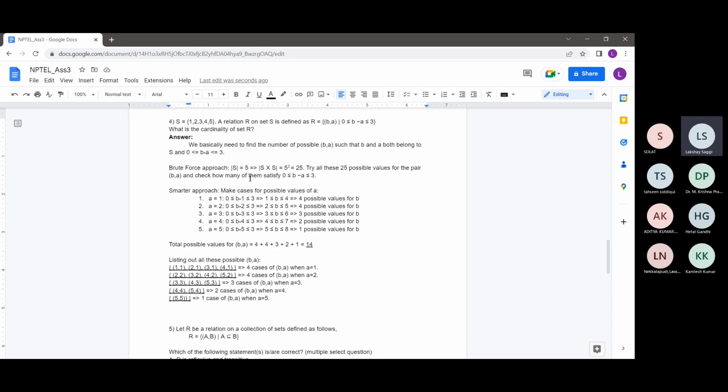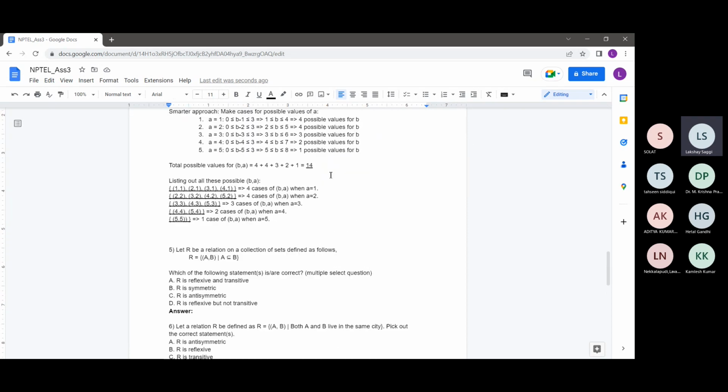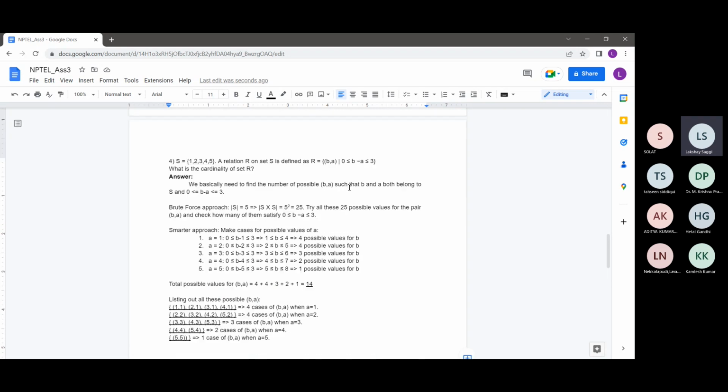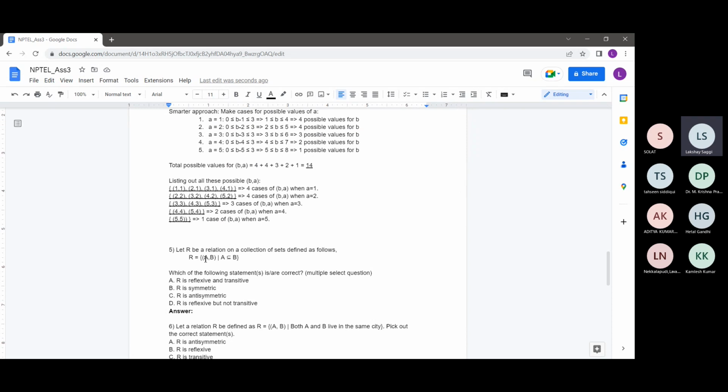In the fourth question, we defined the relation R as the pair B comma A, and we defined some conditions on these numbers B and A. But here it's saying that the relation is over sets.